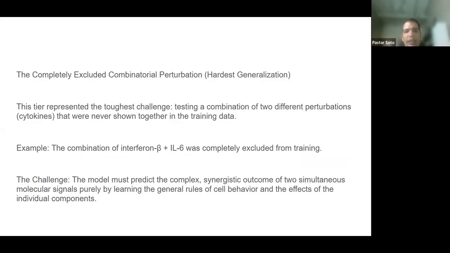And now the challenge is for the model to predict combinations of different perturbations that it doesn't have. And as you can see, they started from the lowest complexity to the highest complexity and try to see if the model is able to generalize well or not.